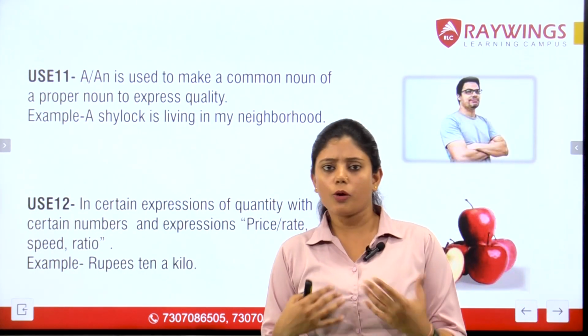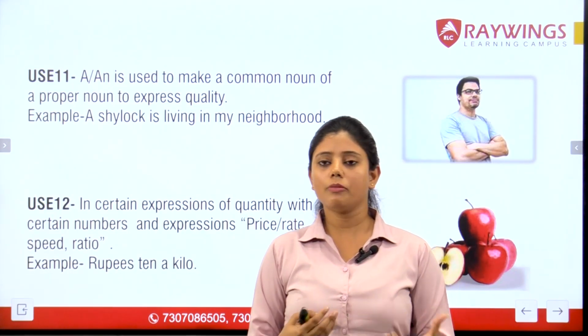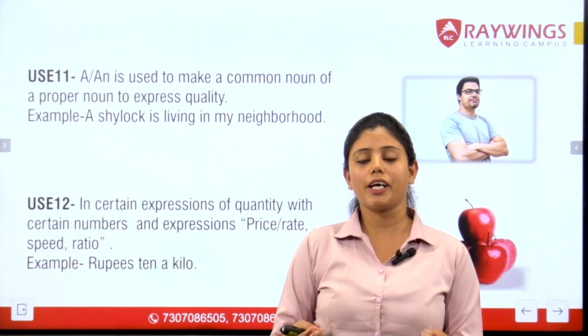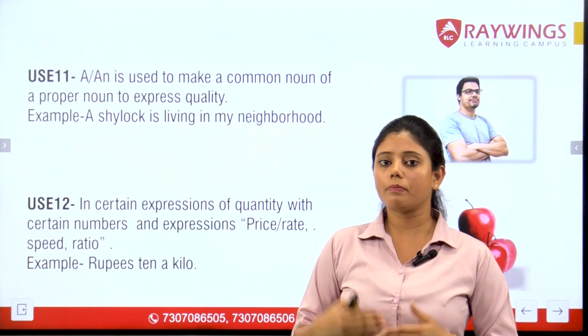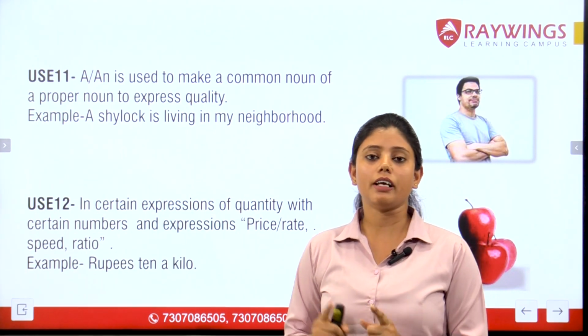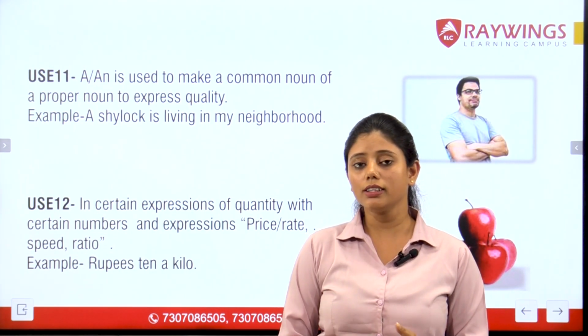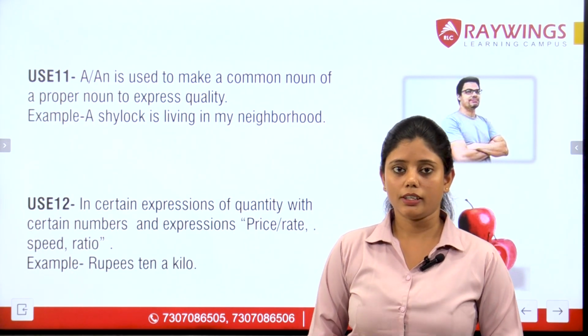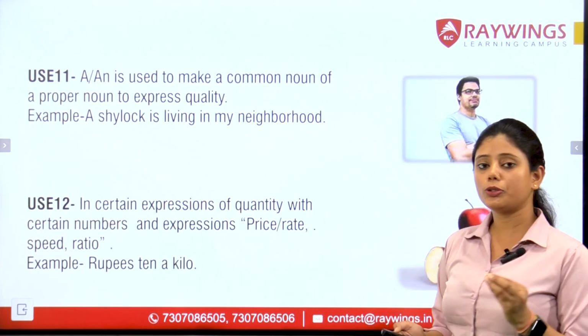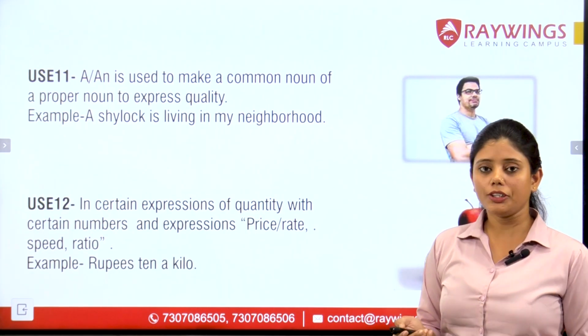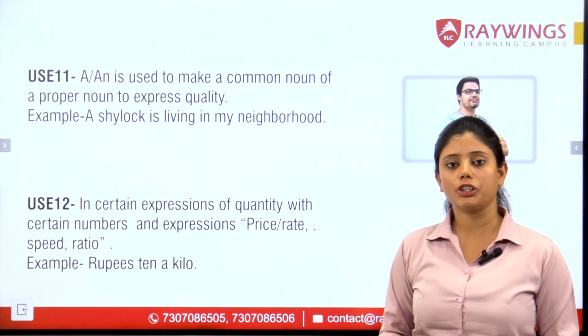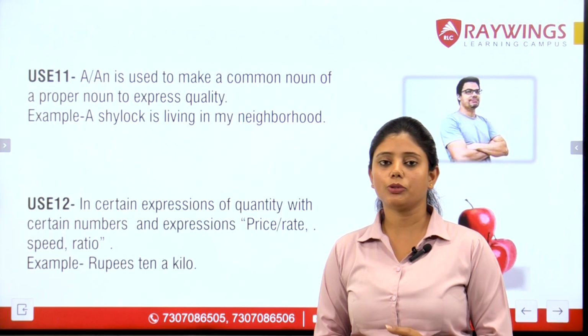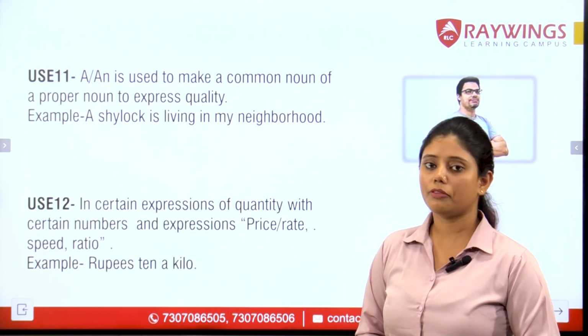If I'm going to a vendor shop and I'm asking what is the price of that particular thing, he'll reply to me, it is rupees 10 a kilo. That means for 1 kg, I'll have to pay him only 10 rupees, right? So whenever you have to determine a particular quantity, price, speed or ratio, we will use article a or an before that.